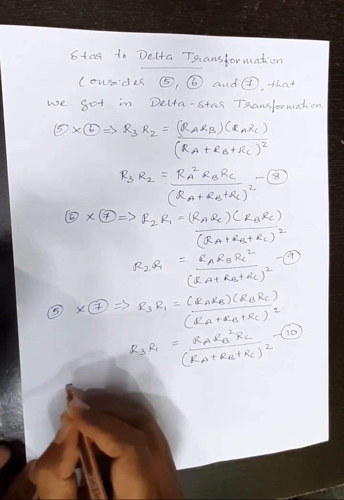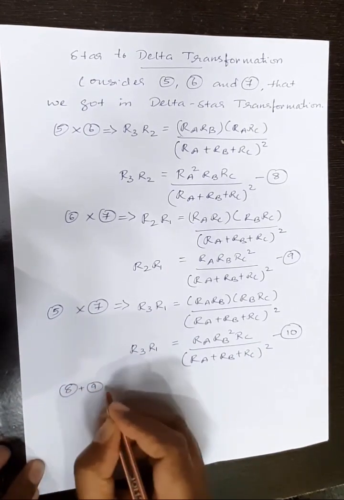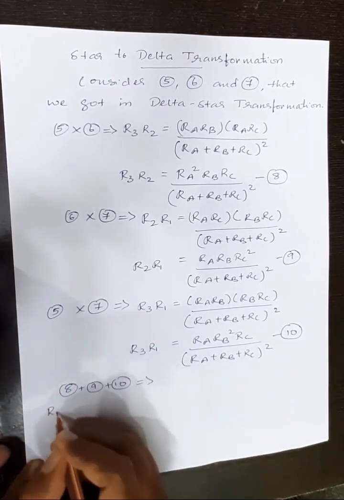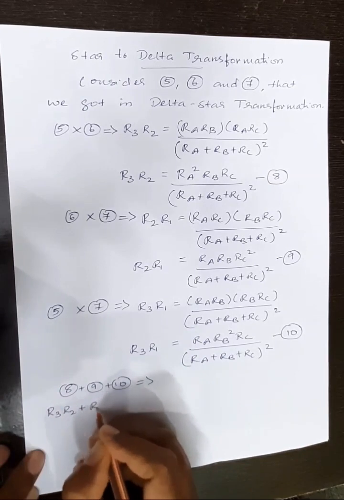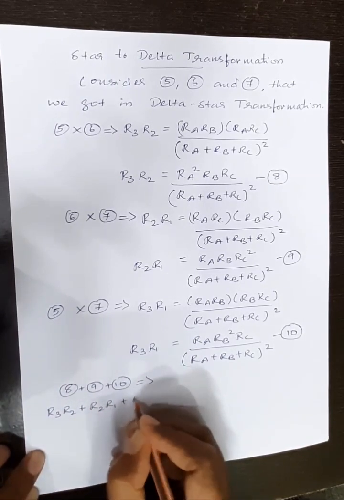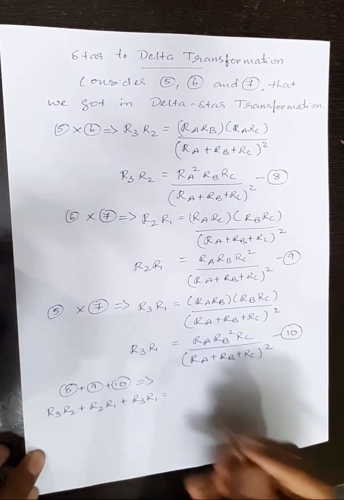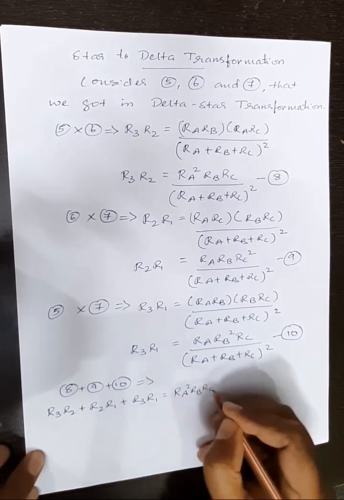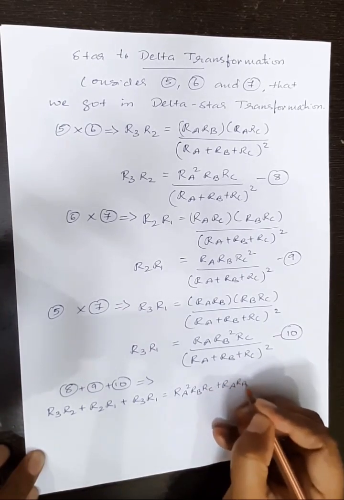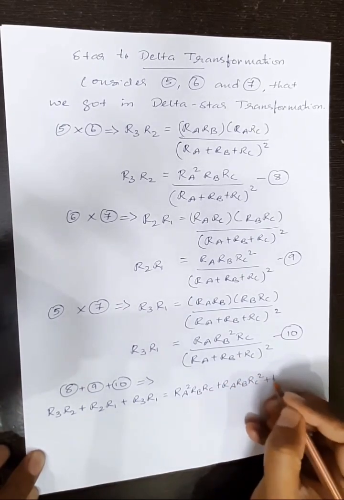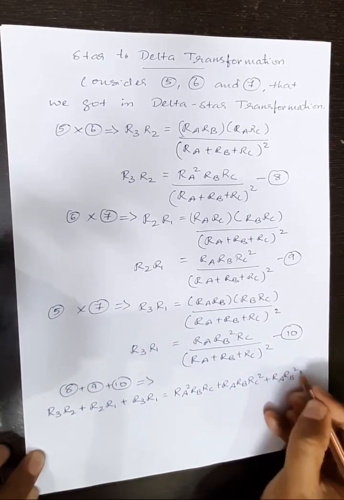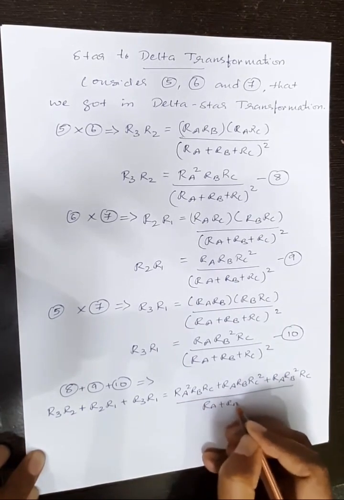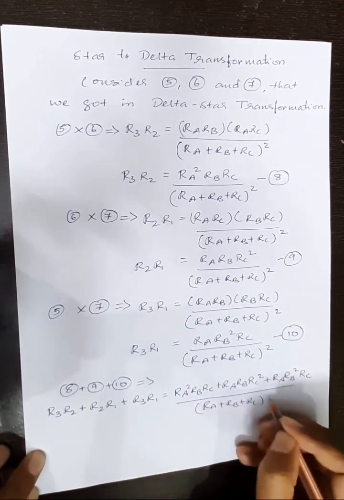Add equation 8 plus equation 9 plus equation 10. You will get R3 R2 plus R2 R1 plus R3 R1, which is equal to RA square RB RC plus RA RB RC square plus RA RB square into RC divided by RA plus RB plus RC whole square.